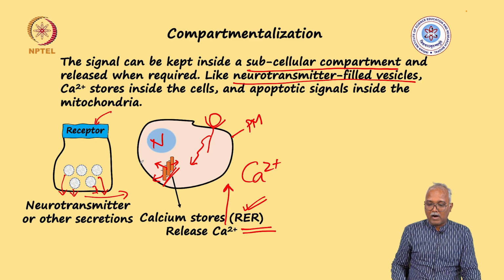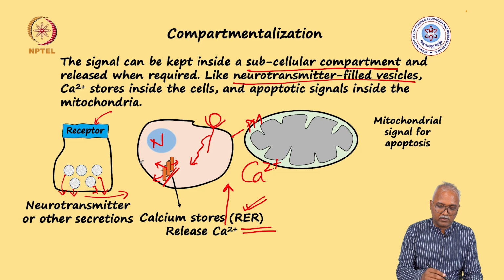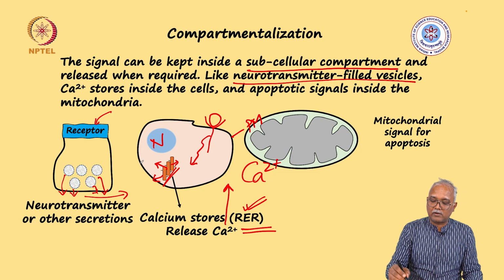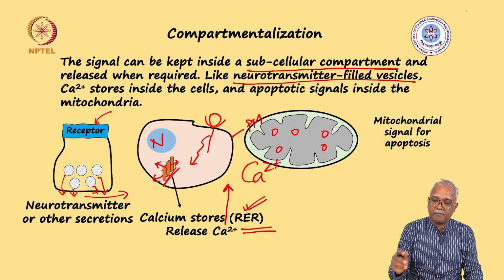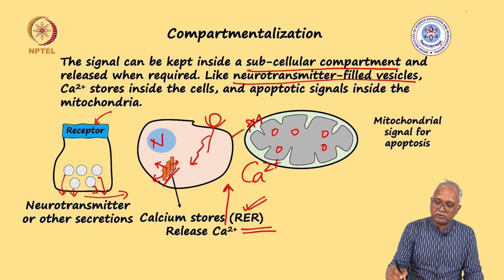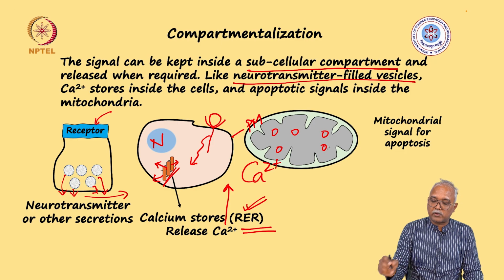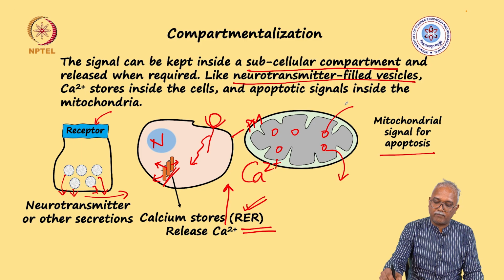Another thing which is seen with the mitochondria is that it hosts certain molecules in itself which are protected over there because they could be harmful to the cell. So if there is a signal for apoptosis or for death, these molecules will be thrown out of the mitochondria.